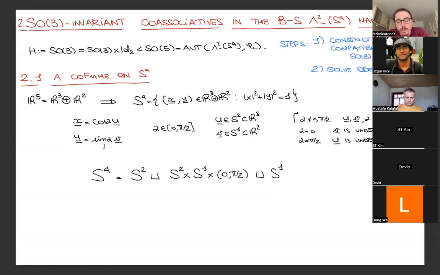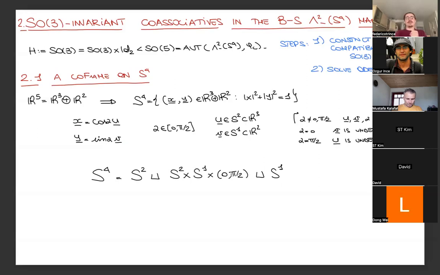So what does this mean? Essentially, this means that I can write my S4 as a one parameter family of S2 times S1. So I have a one parameter family from 0 to pi half. And when I'm reaching pi half, the S2 of this family is collapsing, and what I'm left with is a circle.